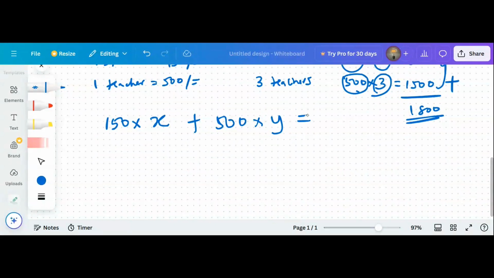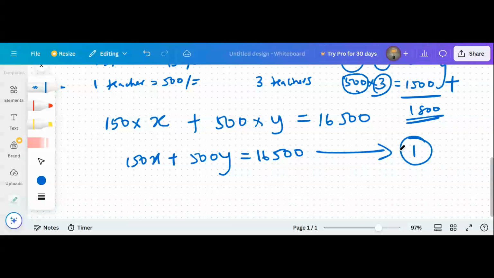So the total amount collected is 16,500. So 150x plus 500y is equal to 16,500. This is equation number 1.